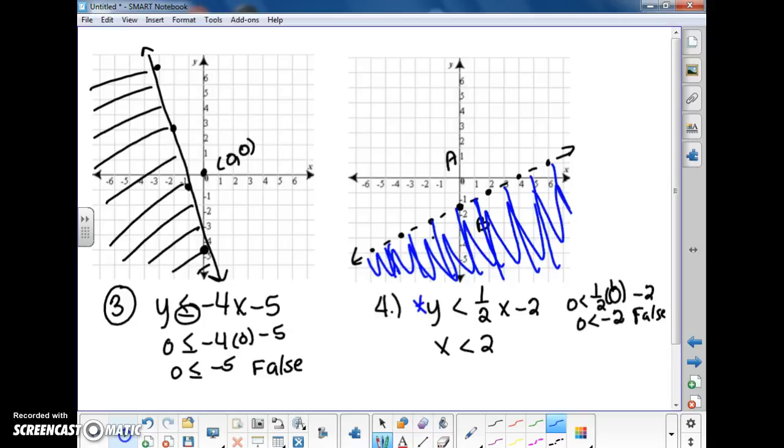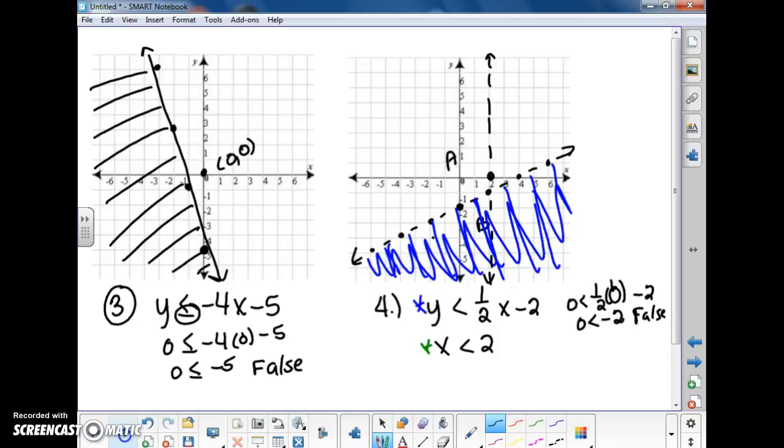Now I'm going to graph x is less than 2. So I go to my x-axis and find the number 2, and I make a vertical line. I made it dashed because there's no line underneath the inequality.